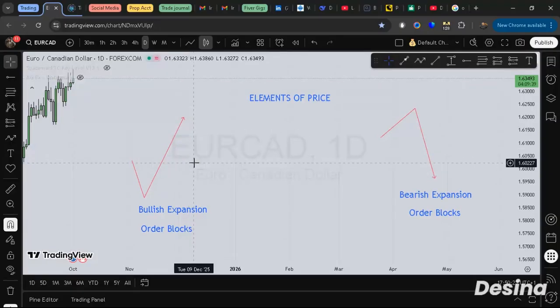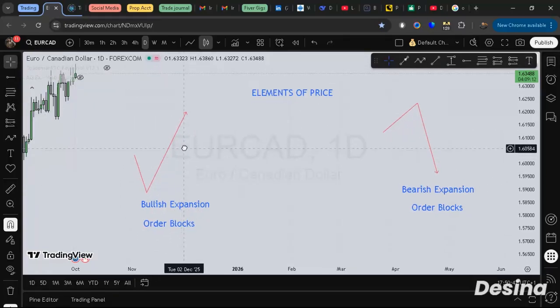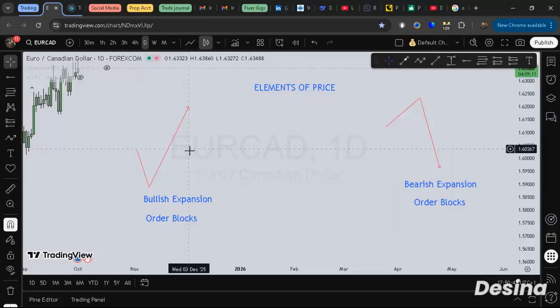So I'm going to show you how to identify a bullish expansion. In a bullish expansion where you have price expanding to the upside, we are going to have a series of bullish candlesticks. So to identify it, the last bearish candlestick before the series of bullish candlesticks is what we call the order block.